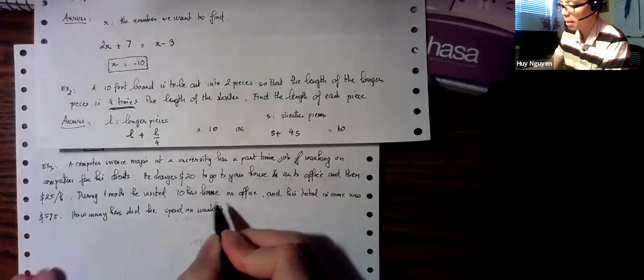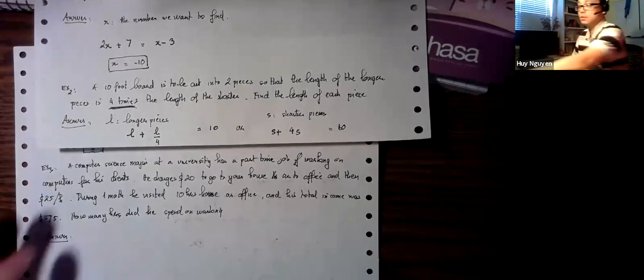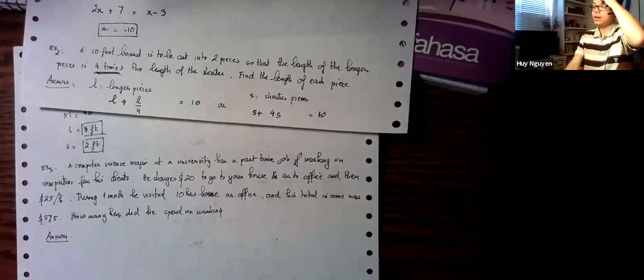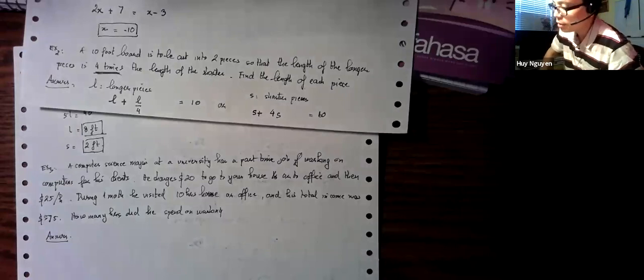All right. It seems like this one is harder, right? But again, it's not really that bad. So the guy is fixing computers for clients, and he charged $20 every time you ask him to go to your house or the office, and then $25 per hour.